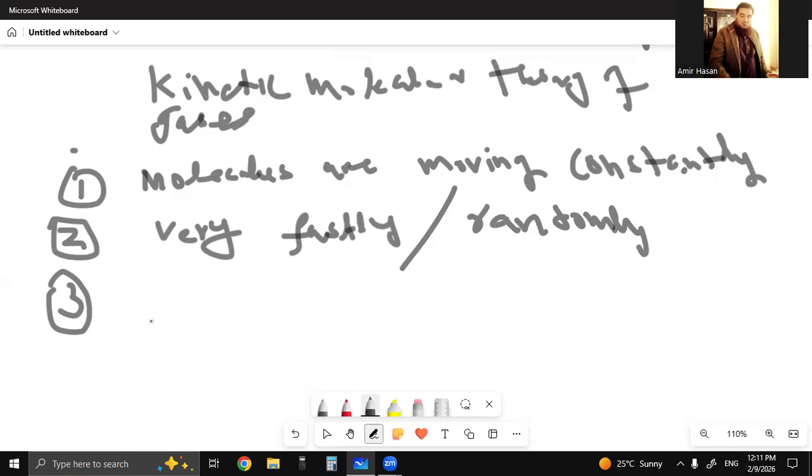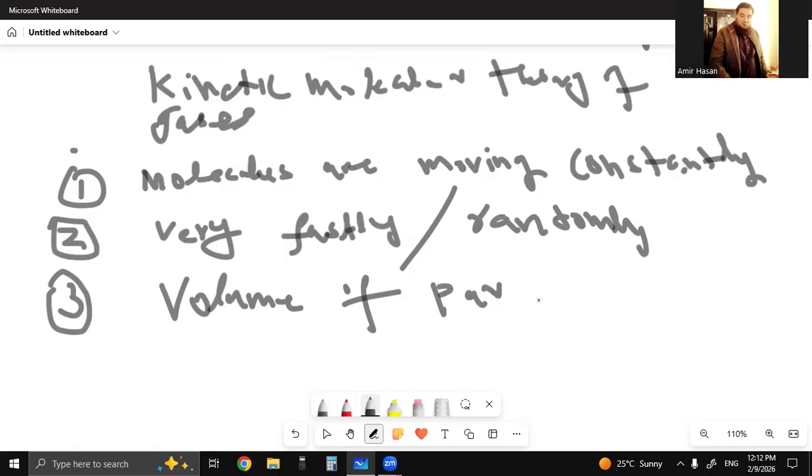Secondly, the molecules have no fixed volume. The molecules hardly have any volume, because the volume of the particles is negligible, meaning very small.